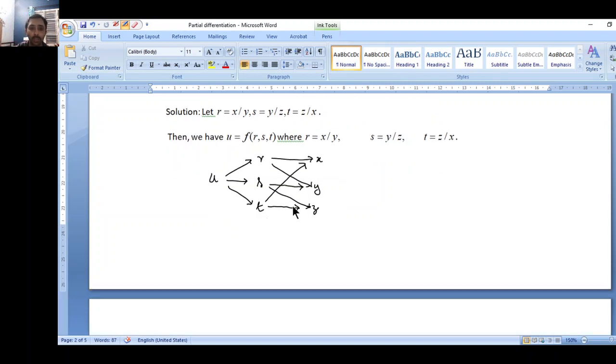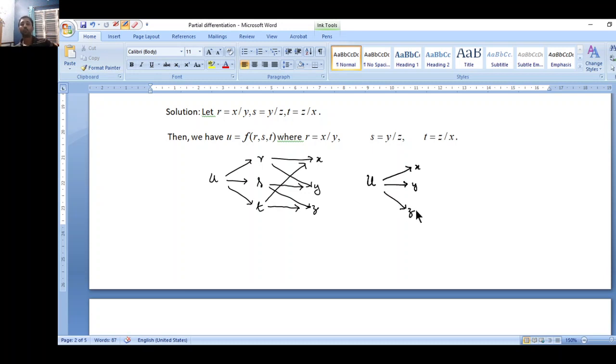Now this gives me the relation between the given variables. Based on this, as you can see here, U effectively depends on X, Y and Z. Right?